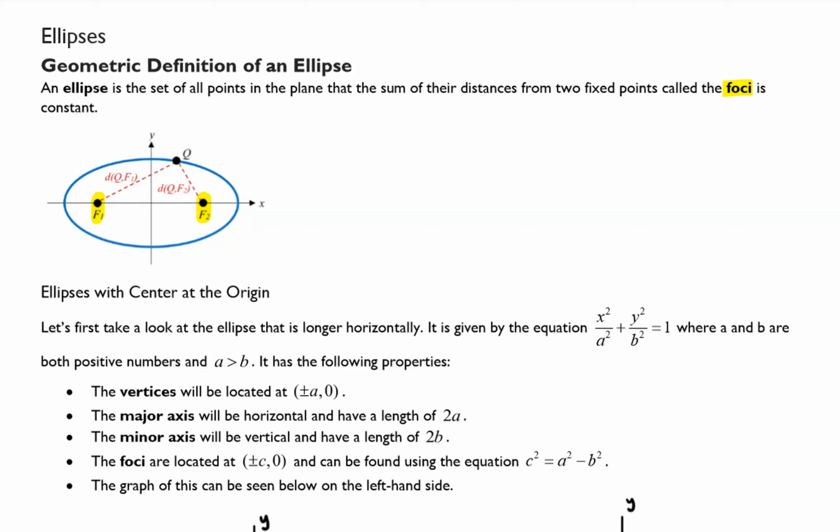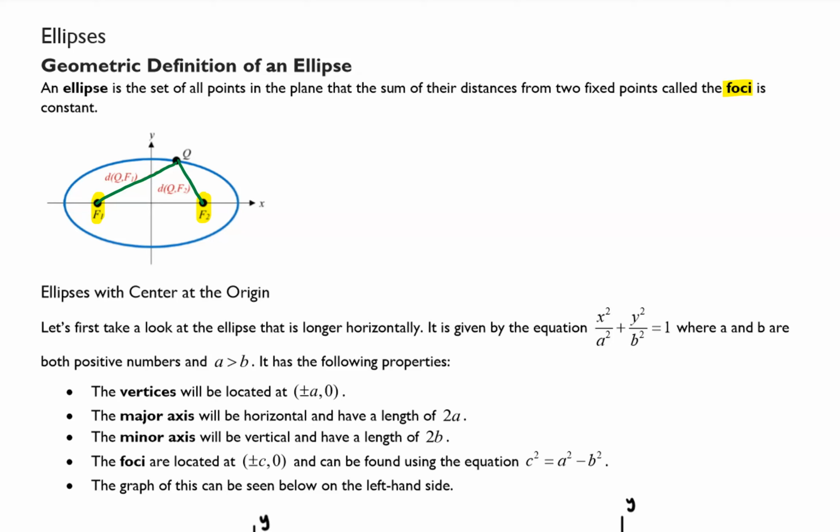Ellipses have the property where if you take any point on the ellipse, and you add the distance from that point to one of the foci plus the distance from that point to the other focus, they should all be equal distances when you add those up.